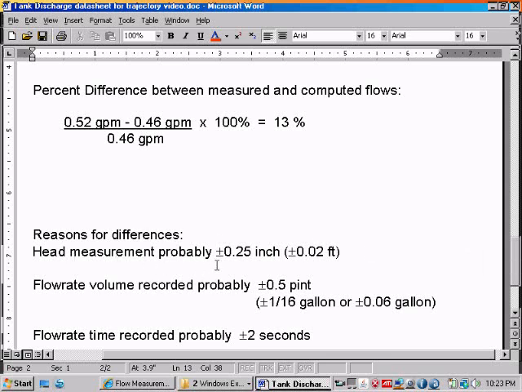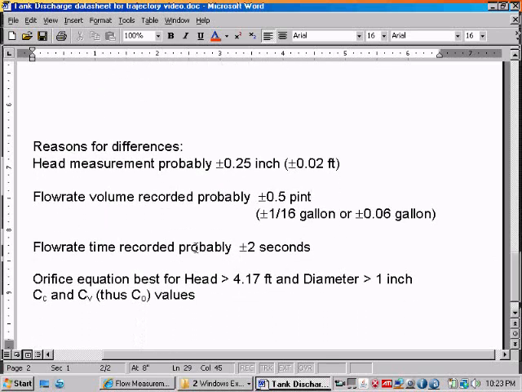Our head measurement was probably plus or minus 0.25 inches, which is 0.02 feet, and the flow rate volume was recorded probably to about plus or minus 0.5 pints, which is plus or minus 0.06 gallons. And the time for the flow rate measurement was probably about plus or minus 2 seconds.